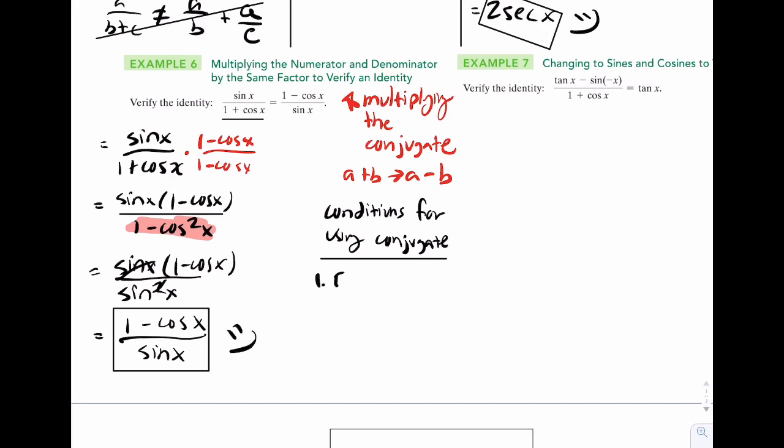Condition 1 is you want a fraction to equal a fraction. So notice on our problem that is true. We have 2 fractions equaling. The second condition is you want to notice a 1 plus or minus cosine or 1 plus or minus sine. If both of these conditions are fulfilled, it's likely you're going to need the conjugate.